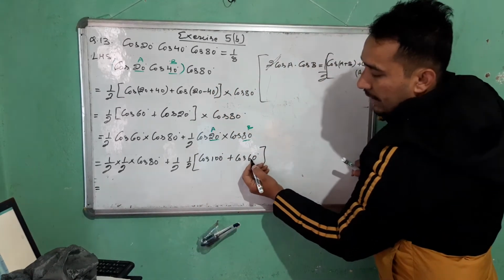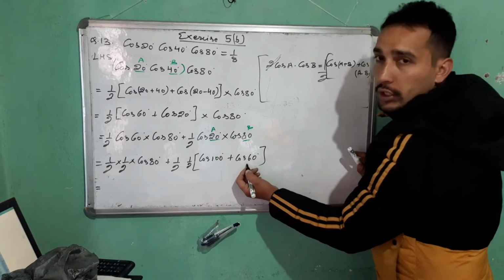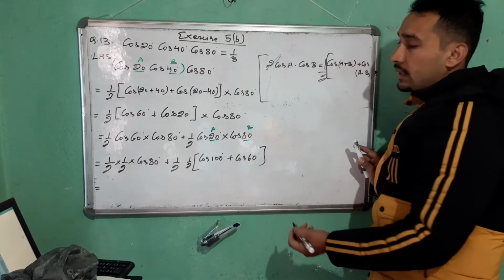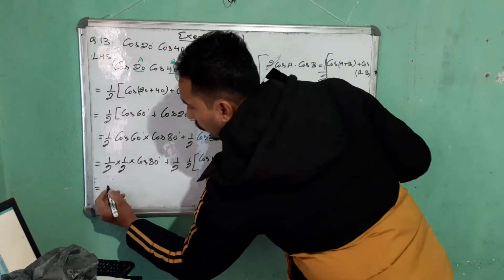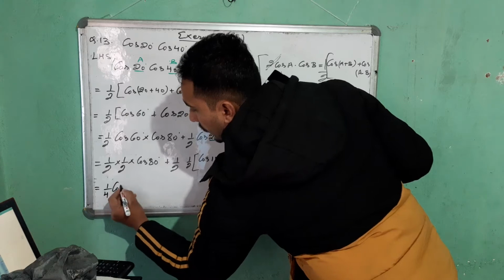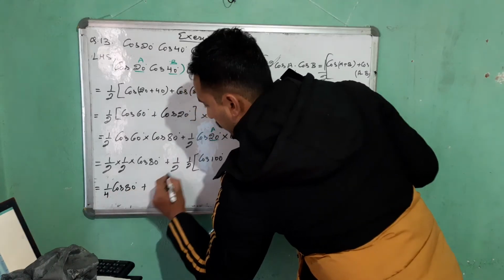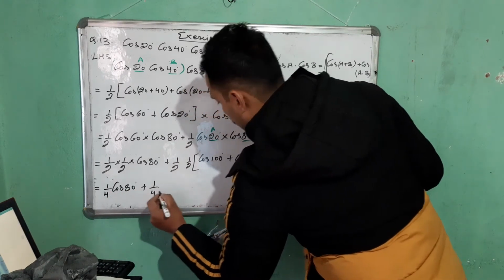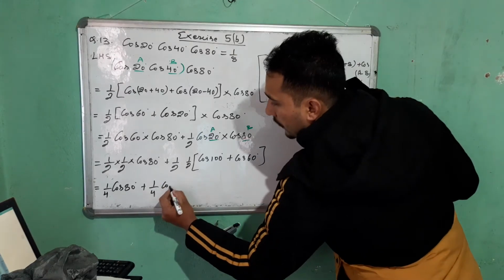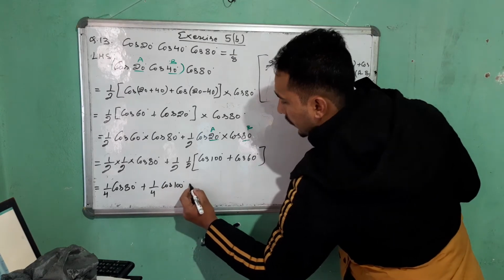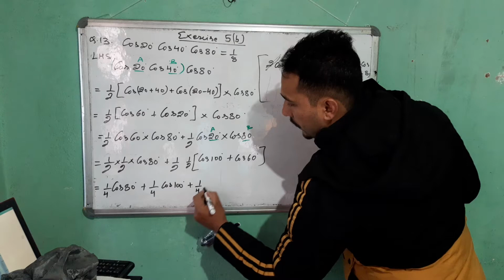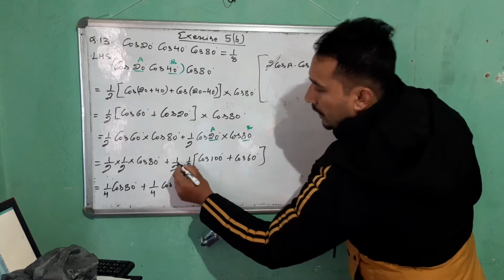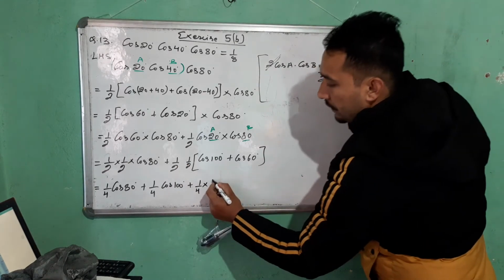Here you will get minus 60, but no need to write minus because cos(-θ) is cos θ. This equals 1 by 2 to the 4 cos 80 degree plus 1 by 2 into 1 by 4 cos 100 degree plus 1 by 4 into 1 by 4 into cos 60 degrees, which is half.